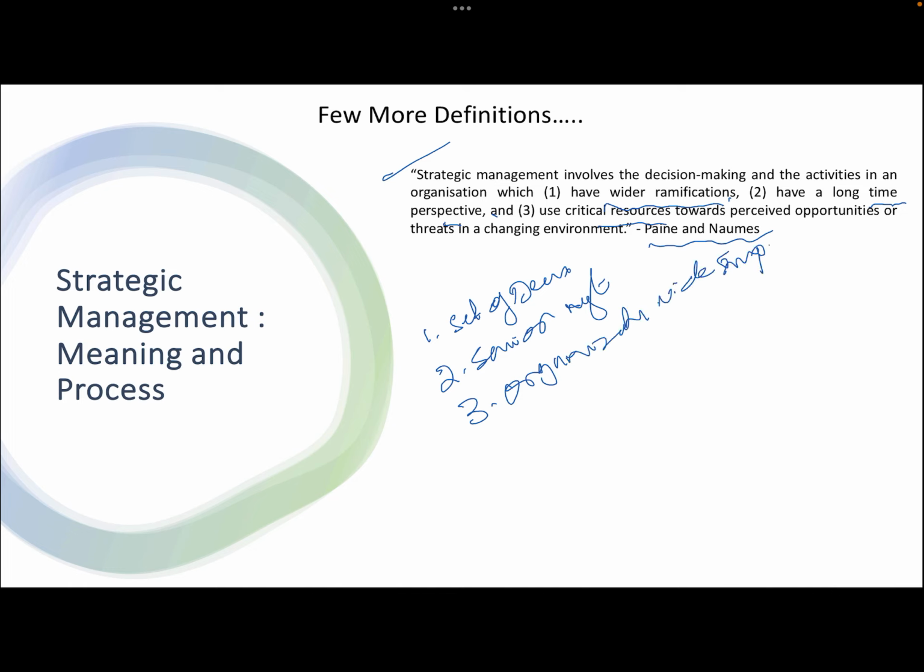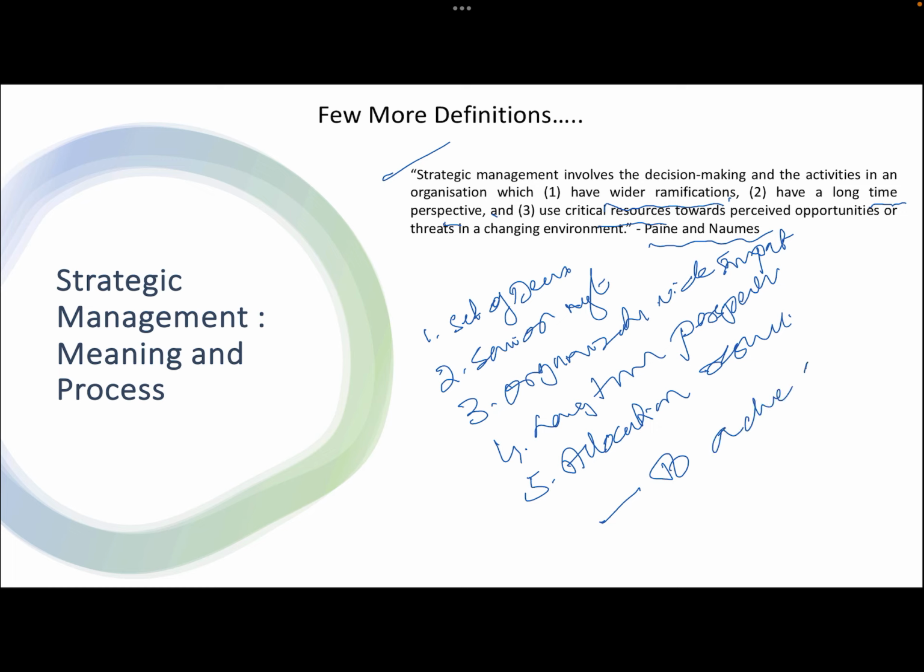It is not for one or two departments, it is a complete organization-wide impact, and it will have a long-term perspective. And the fifth one is allocation of resources, critical resources. So why do we do all these things? To achieve organization goals. From setting of decisions to allocation of resources, every author is saying the same thing.